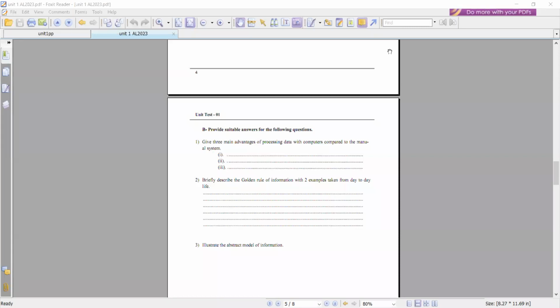We'll continue. Give 3 main advantages of processing data with a computer compared to a manual system. What are the advantages when you are doing it with computers rather than the manual system? That is fast processing. Then fewer errors, or you can write high accuracy.